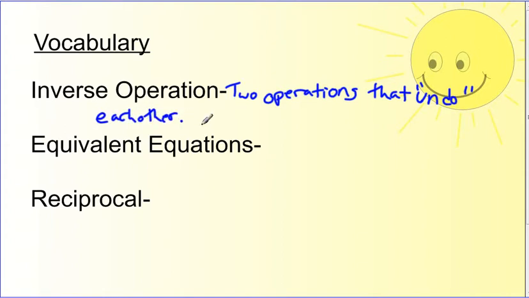Now, those are things like add and subtract. Those two are opposites. And adding and subtracting cancel each other out. Or multiply and divide. Those two things cancel each other out.